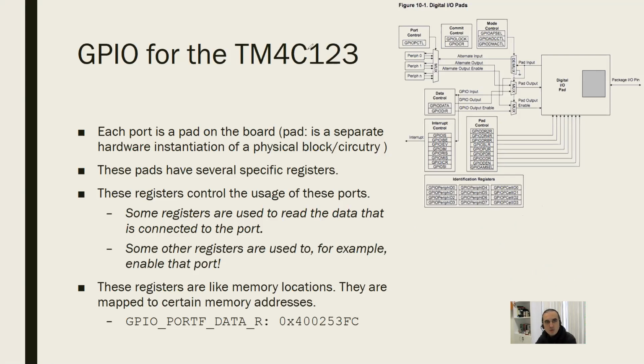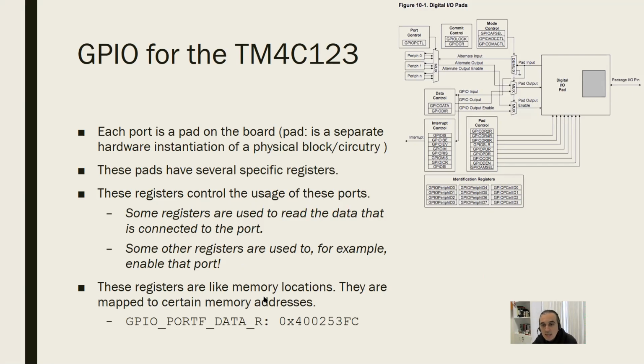Each port is a pad on the board, a digital place, a separate hardware instantiation of a physical block, a circuitry. These pads have several specific registers for specific functions. These registers control the usage of the ports. Some registers are used to read data that is connected to the port. Some registers are used to, for example, enable that port. Some registers are designated to indicate the direction of that port, input or output, and many more functions.